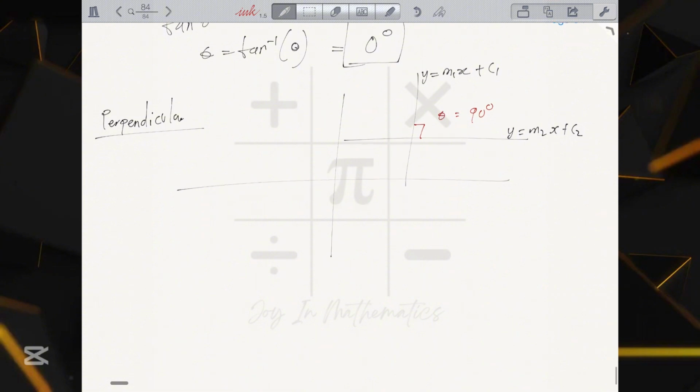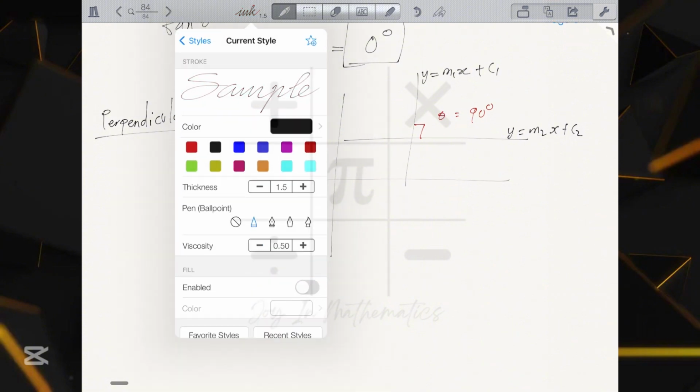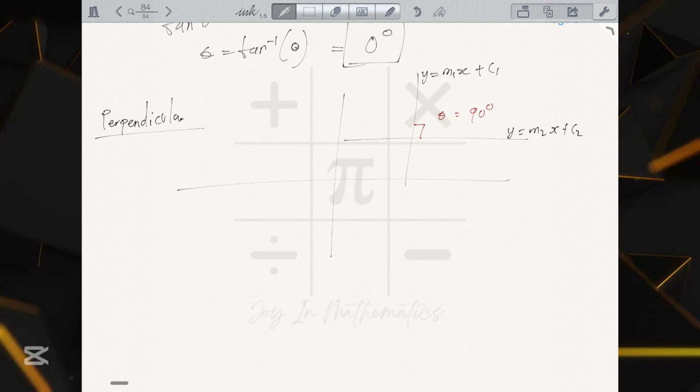Let's take a question. But before we take a question, let's have a check for lines that are perpendicular. The check for perpendicular lines is simple.